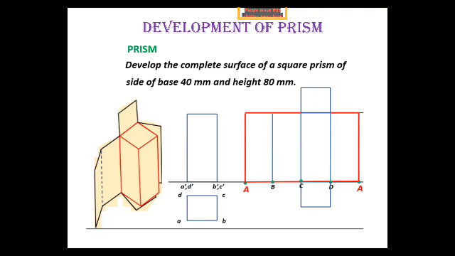In the same way, suppose a prism is there. A prism may be any shape. It may be a rectangular prism, a square prism, or a pentagonal prism, depending on the top and bottom portion. We studied the types of prism in previous videos.